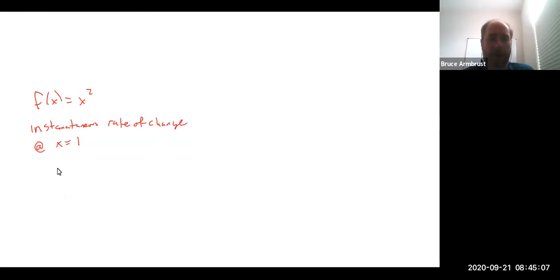Okay, so if you were to draw the graph of this thing, we got ourselves x squared. So we're somewhere out here at 1, and we want to find the instantaneous rate of change. So what we talked about last time is that that's the slope of the tangent line.